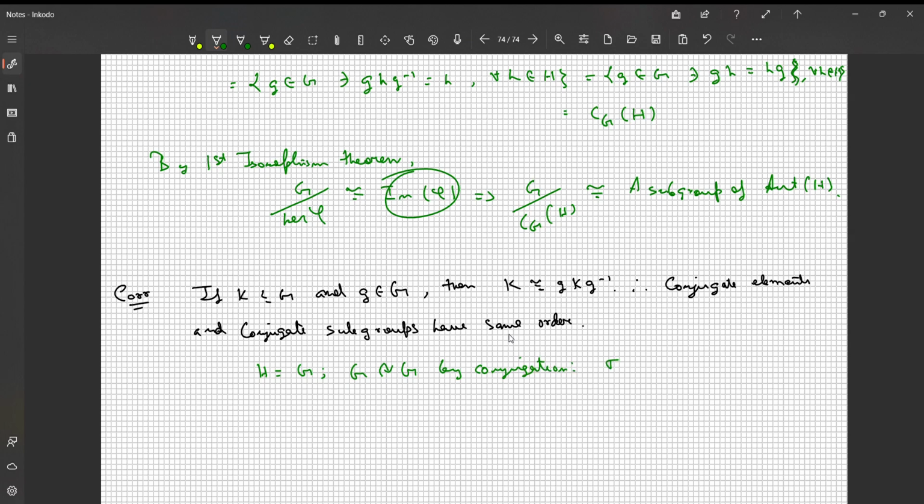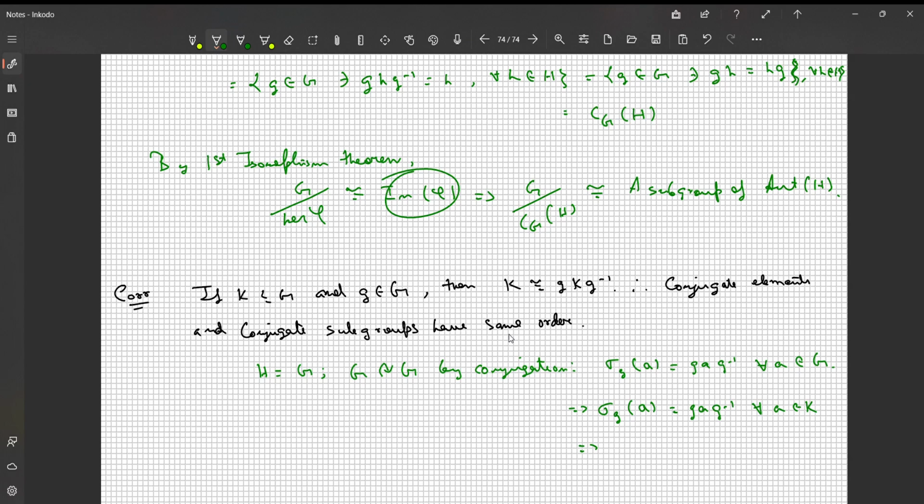Then you have sigma g of a as g a g inverse for all small a in G. So that implies we can say that sigma g of a is equal to g a g inverse for all a in some subgroup K, right?